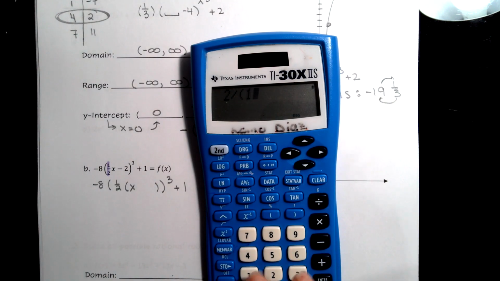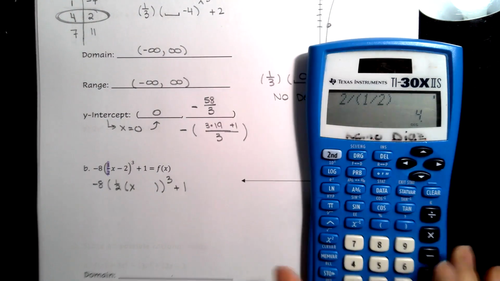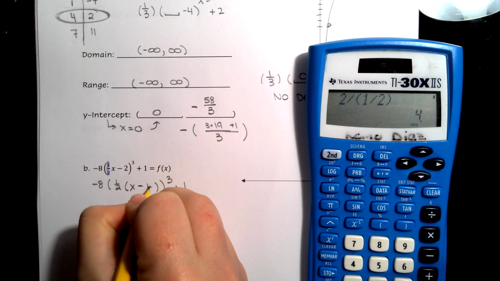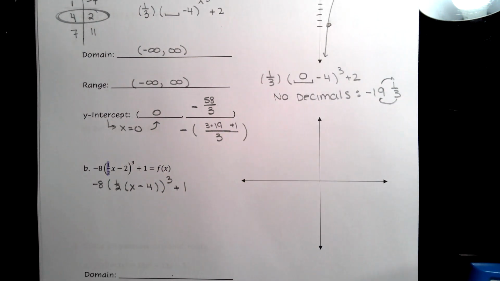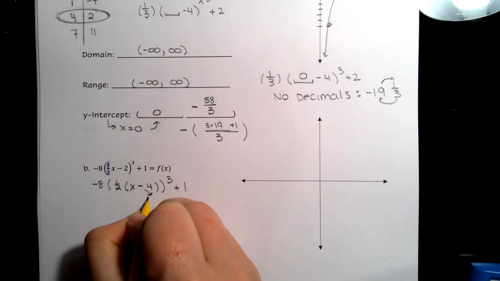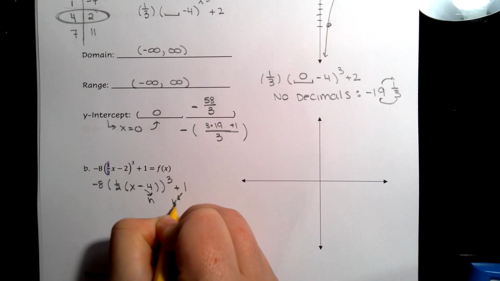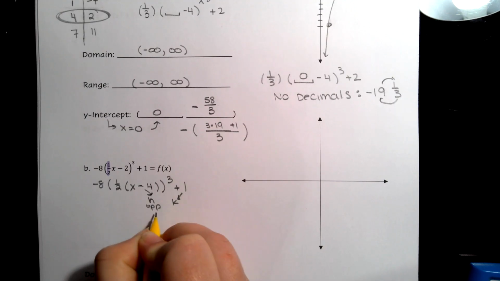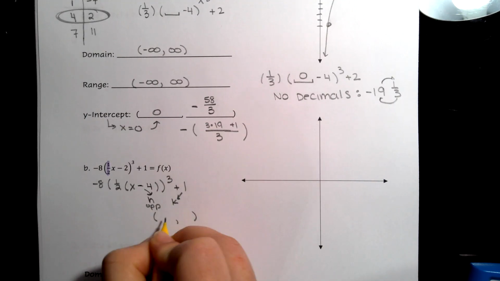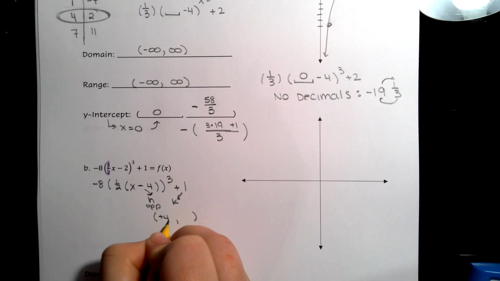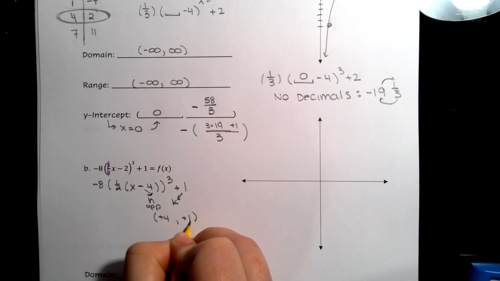So 2 divided by open, 1/2, and I get 4. Negative 4. And then we proceed as usual. Here's your H value, opposite of what we see. Here's your K value for keep. So we have our point of inflection here at positive 4 and positive 1.